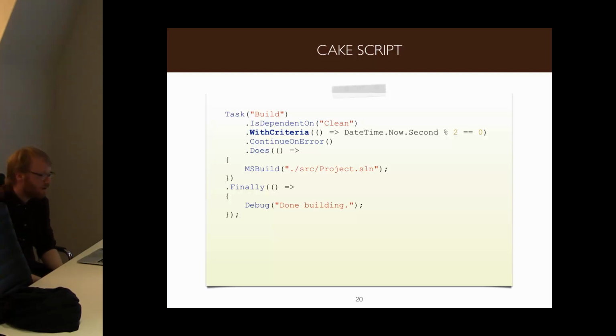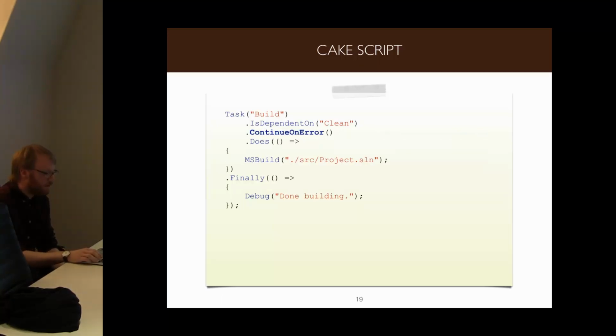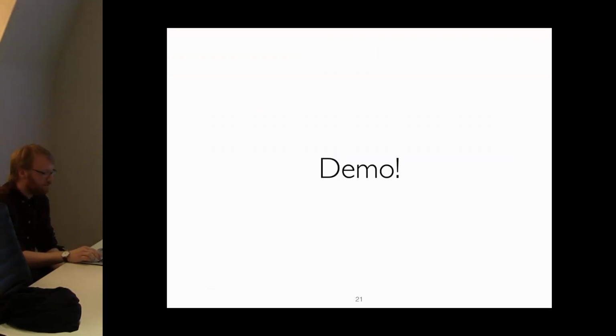So we can write a criteria that says that if you run this locally, then skip it, or if I'm on a feature branch, don't do this. A small demo. Are there any questions so far?